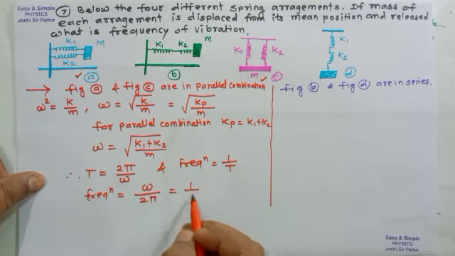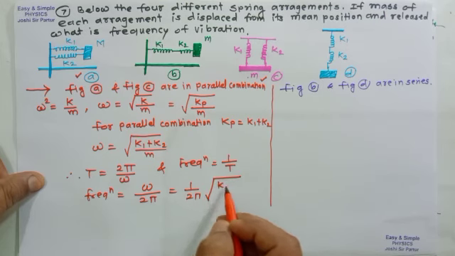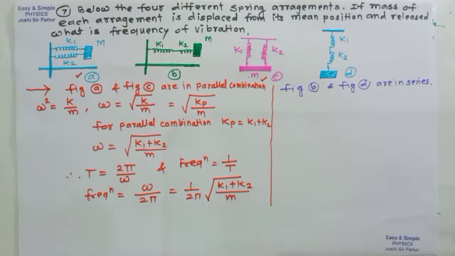It will be 1 upon 2 pi square root of K1 plus K2 upon m. That will be the value for given frequency.